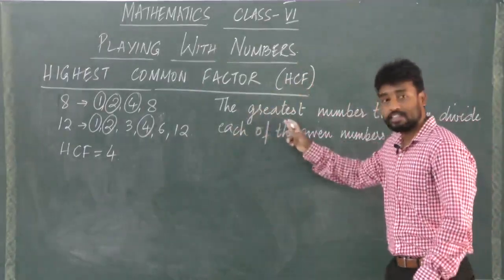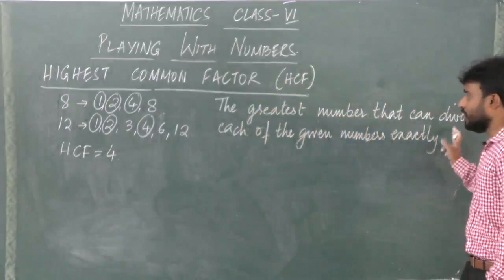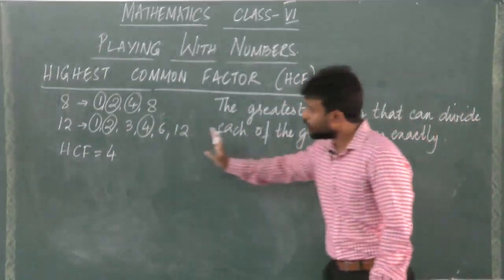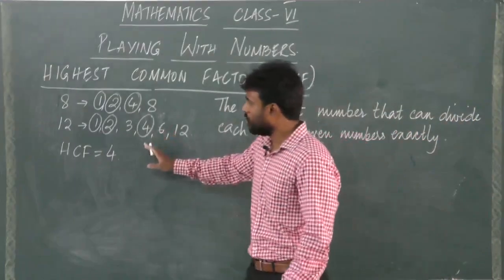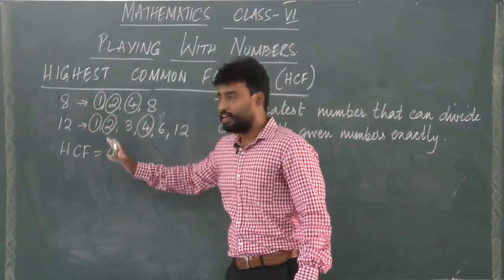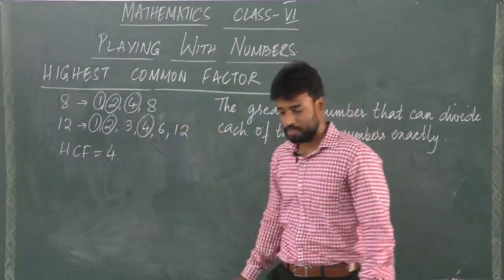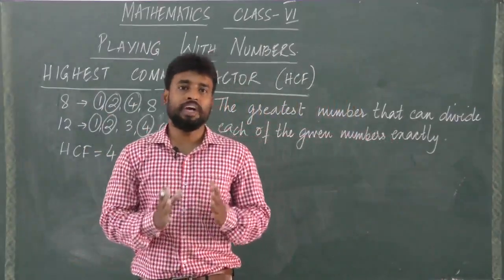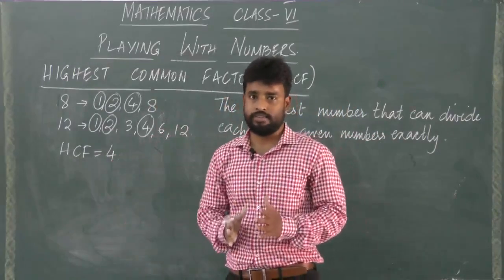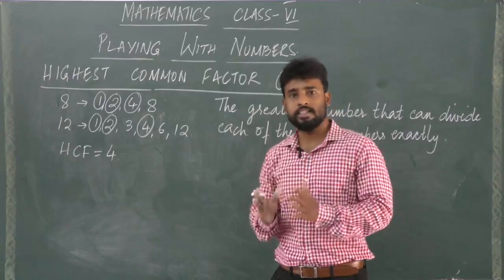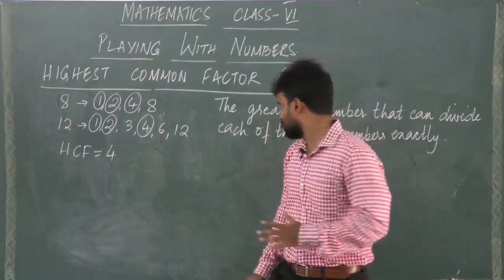It is the greatest number that can divide each of the given numbers exactly. Here, the greatest number which can divide 8 and 12 exactly is 4. That is why the HCF of 8 and 12 is 4. Now there are two methods to find the HCF. First is the prime factorization method and the second is the division method. Now let us see both.